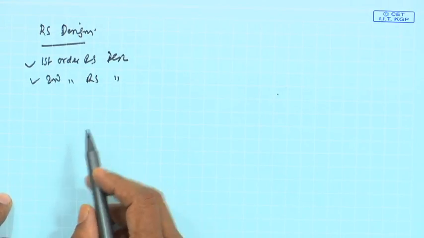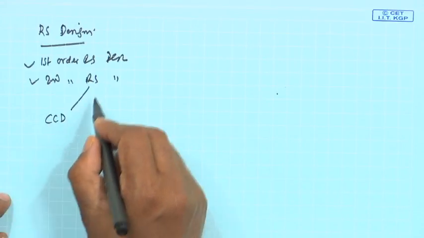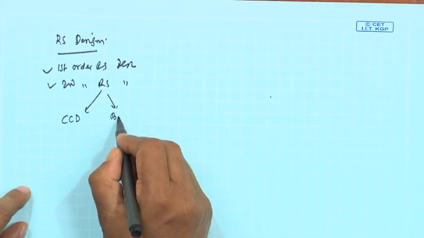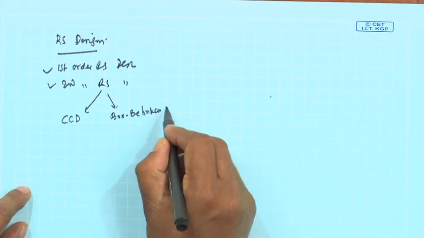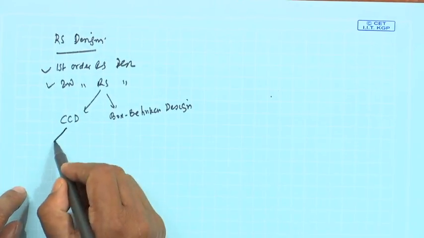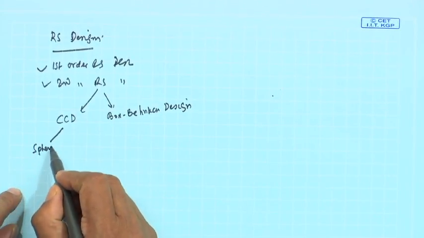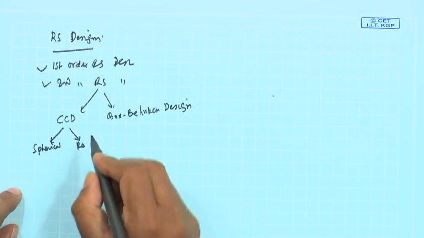In the second order response surface design, we primarily say central composite design and Box-Behnken design. And again in central composite design, we say it is spherical and rotatable.